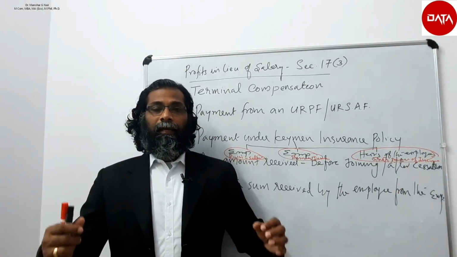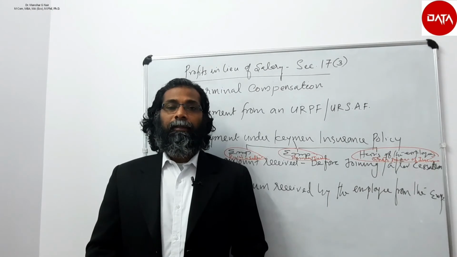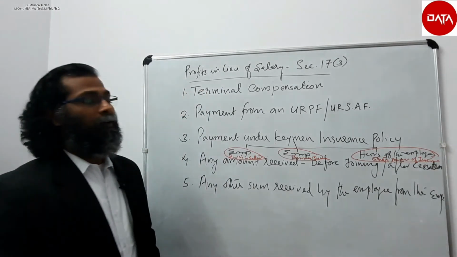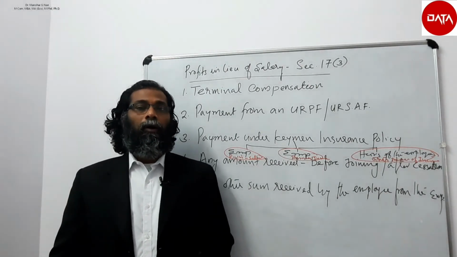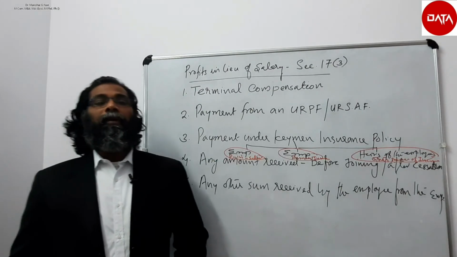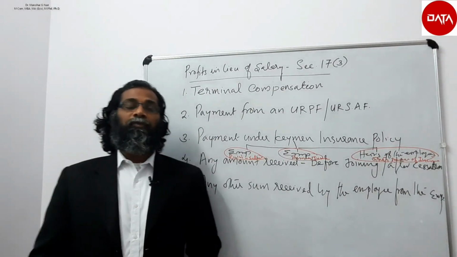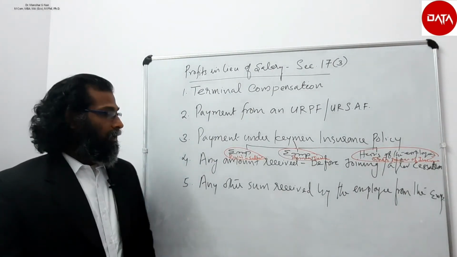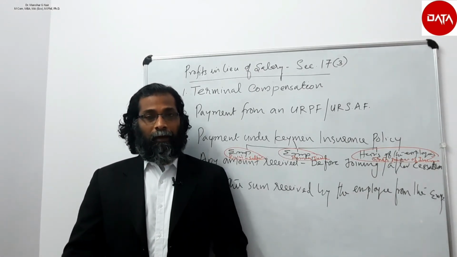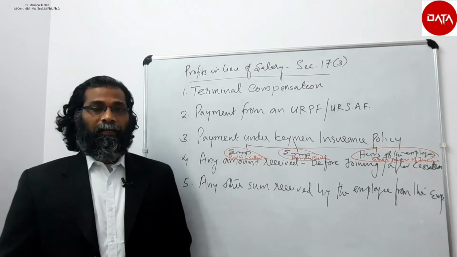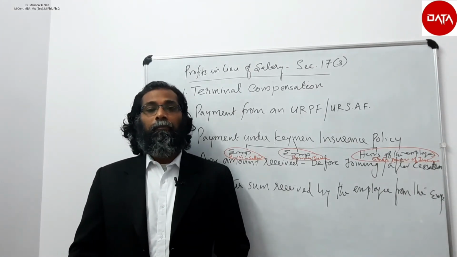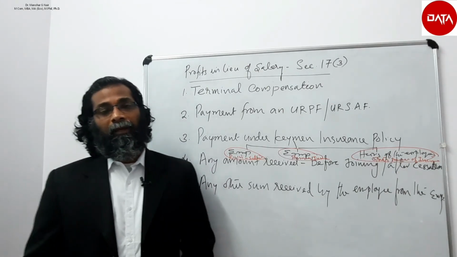It may be a terminal compensation received by the employee from the employer, or any amount received from an unrecognized provident fund or an unrecognized superannuation fund, or any amount received from a Keyman Insurance Policy by the employee, or any amount received before joining the service or after cessation from the service, or any other sum received by the employee from the employer in any form.